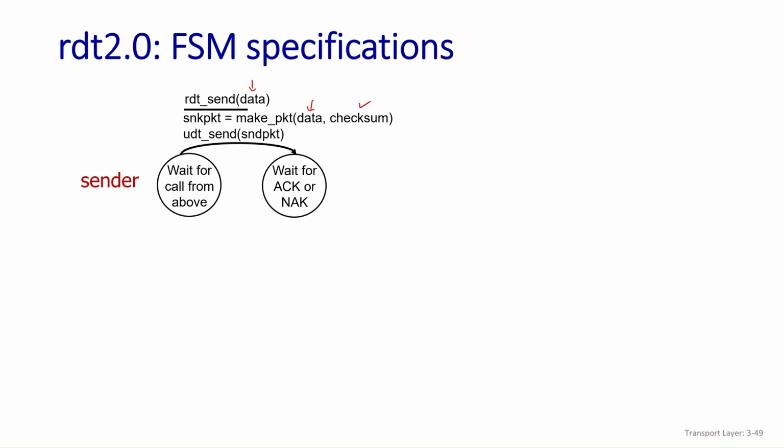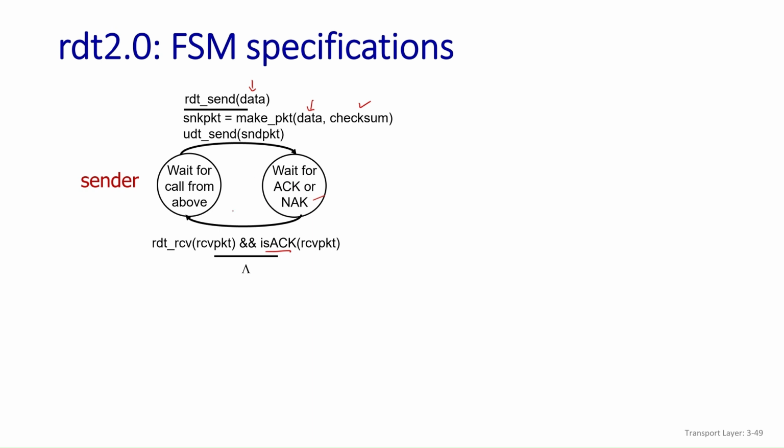Anyways, so now in an ideal scenario, being in this state, which is wait for acknowledgement or negative acknowledgement, the event is that it receives a packet and the packet is an ACK. Correct. An ACK indicates what? No errors.